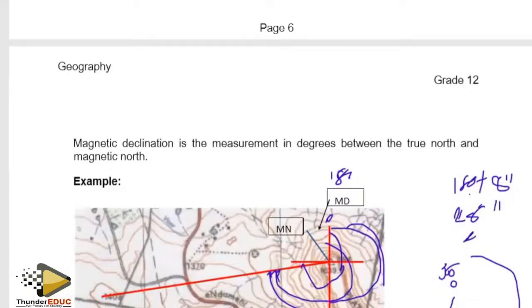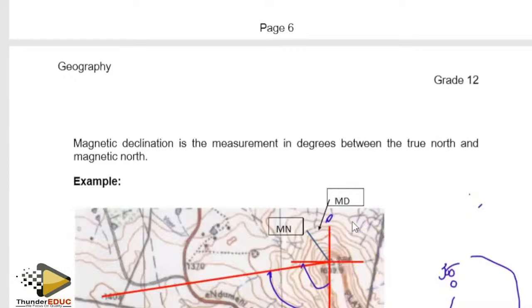Okay. In other words, to recap, for the true bearing, you must make sure that you know which one is the starting point and which one is the ending point. And the moment you know that, you must also be in a position to tell where the two points are.